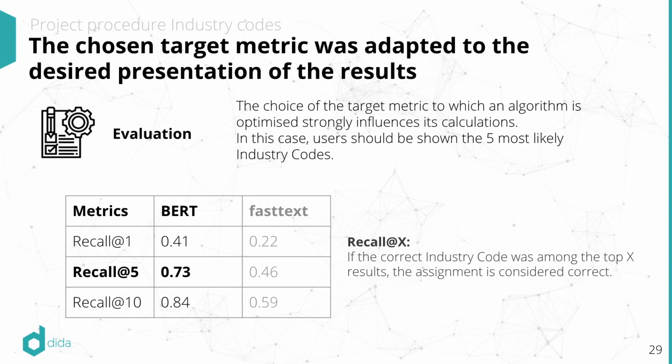Using this metric, so using recall at 5, because we want to show the 5 most likely industry codes, we reached a metric of 0.73 with recall at 5 for BERT, which is pretty good, and it means that in 73% of the cases from our test set, the prediction made by BERT contained the correct industry code among its top 5 predictions.